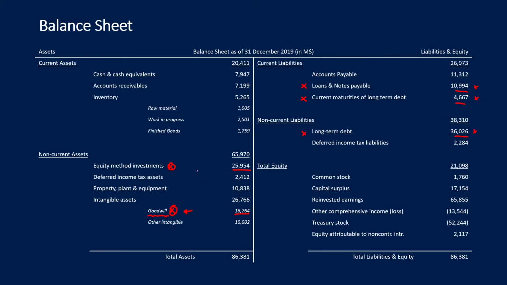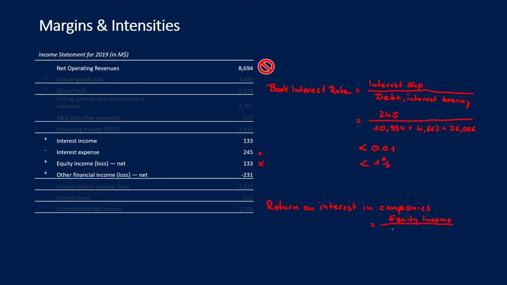Of course, it was equity method investments, 25,954, and we also have paid the goodwill, so 60,764. I just write equity investment plus goodwill.